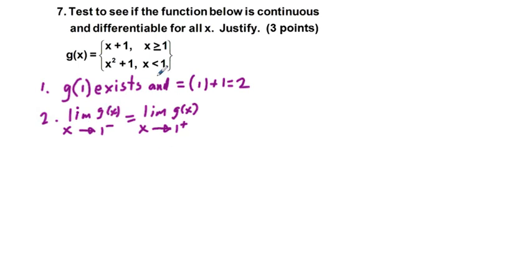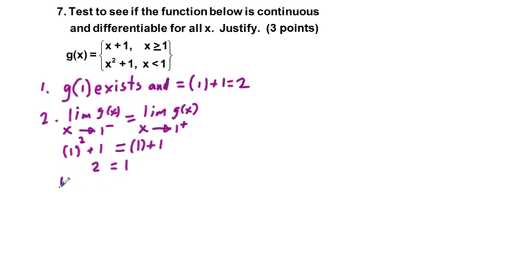And from the left side, we have this x squared plus 1. So from the left side, we just write this as 1 squared plus 1, and on the right side, we have x plus 1, so that'd be 1 plus 1. So we have 2 equals 2.